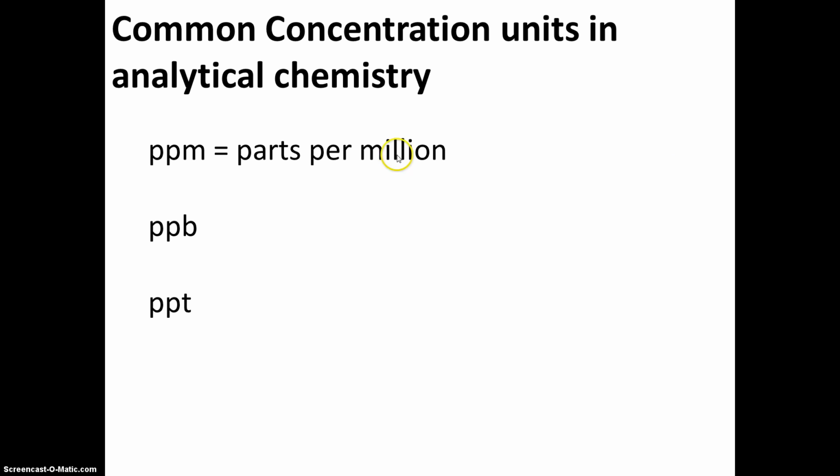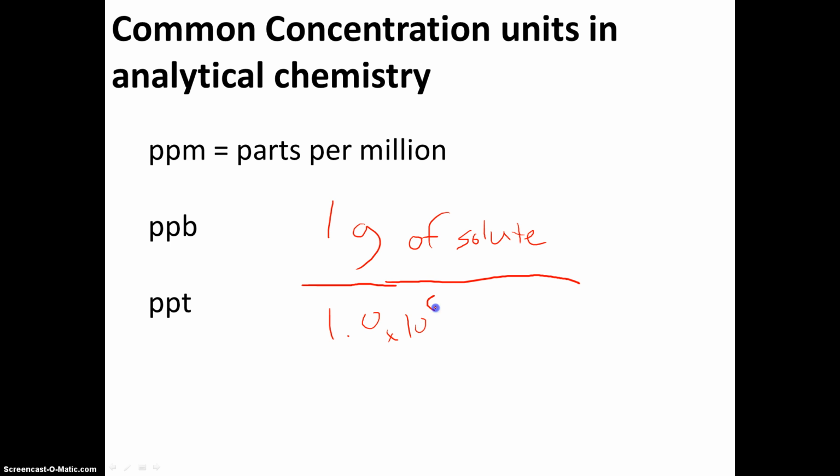This is a mass concentration, and it's going to be a way to do this quicker: 1 gram of your solute over 1.0 times 10 to the 6 grams of solvent. Okay, so that's what we mean by parts per million.